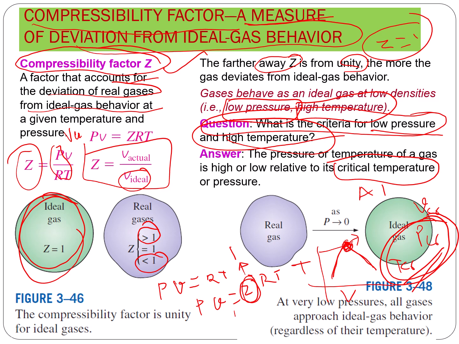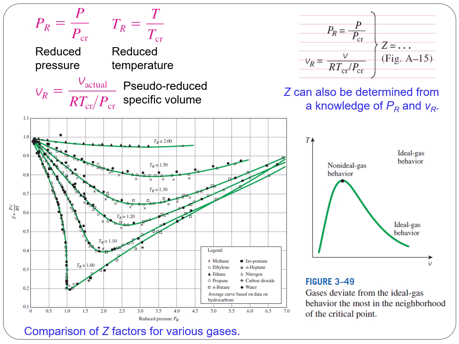That's why we call it the reduced pressure, which is as compared to the critical pressure. So reduced pressure P_R is P over P critical.